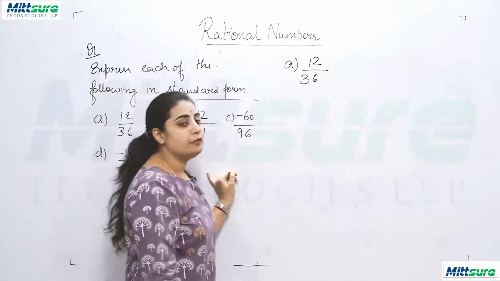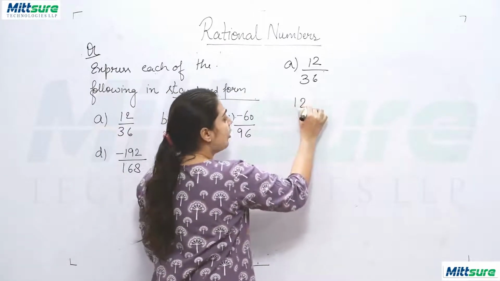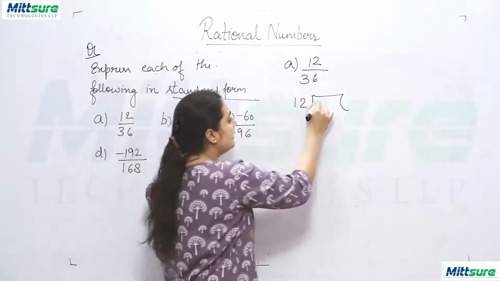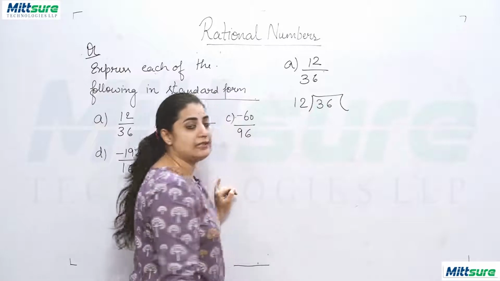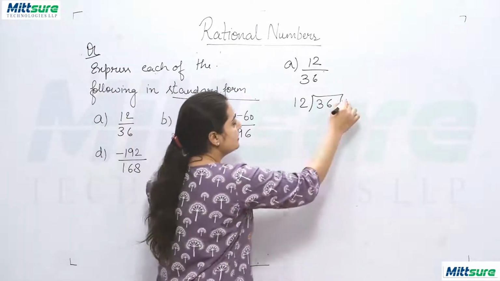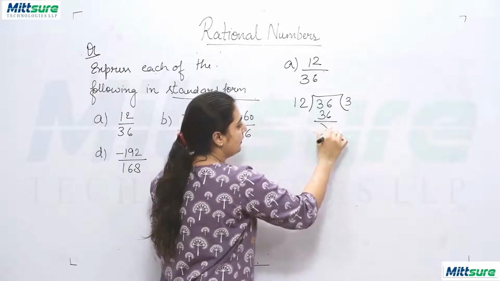Let's see how. To find out the HCF, what we do is, the smallest number is kept as divisor and the greater number is kept as the dividend. Let's divide the two numbers. So this goes 3 times 36.